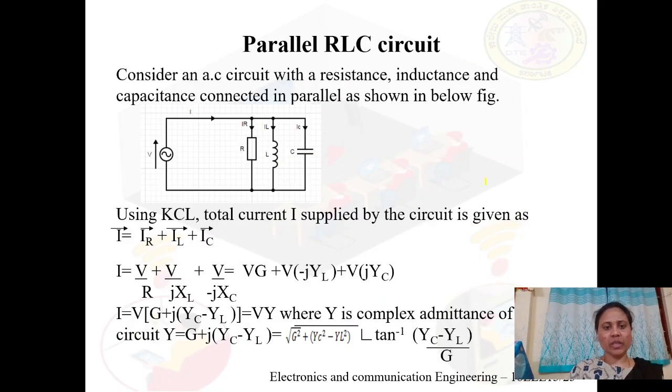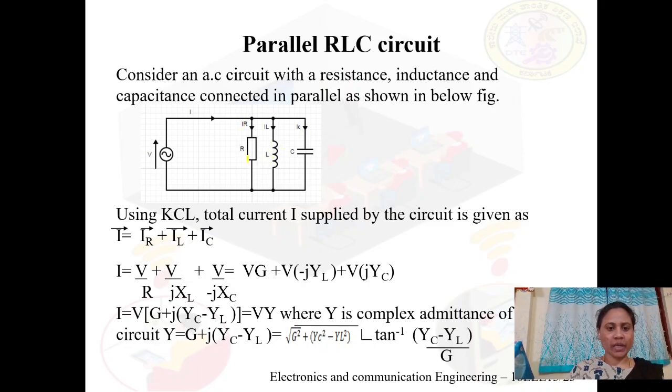Now let us see when all the three components R, L and C are connected in parallel, how the circuit behaves. So when RLC components are connected in parallel, let us take the currents flowing through R, L and C as IR, IL and IC.